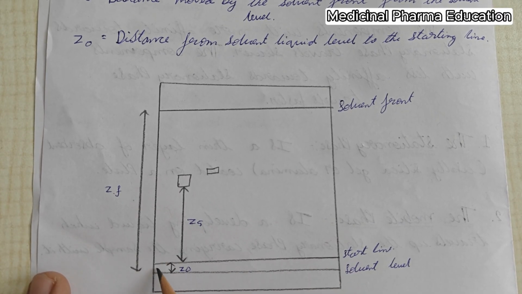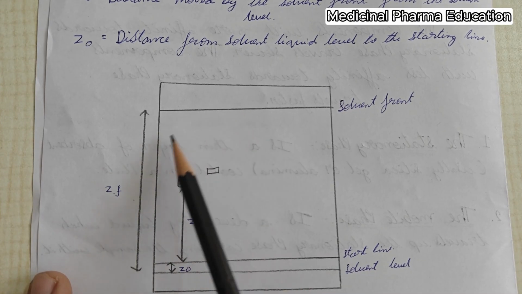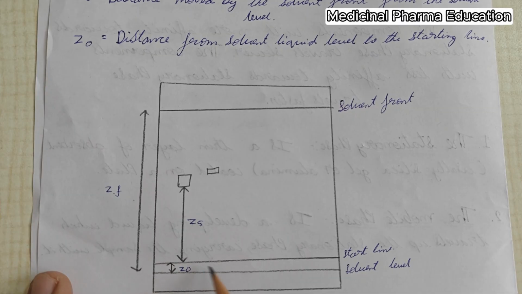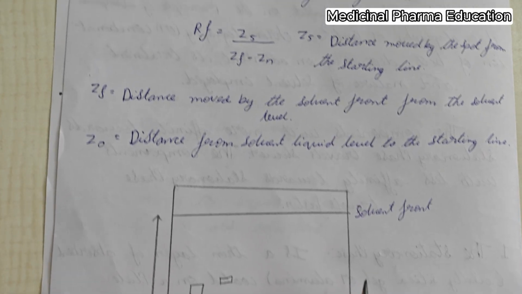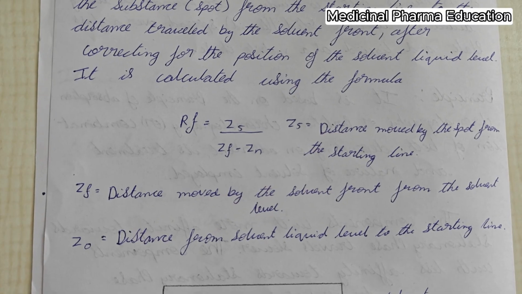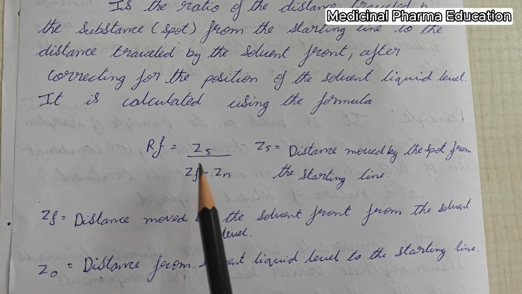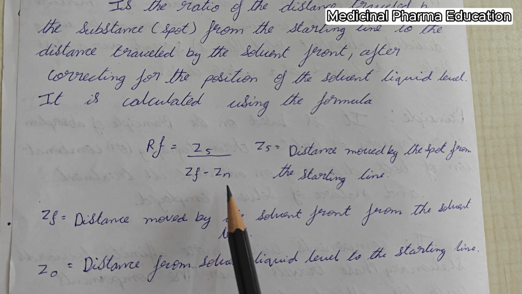From the solvent level to the solvent front is Zf, and from the starting line to the marked spot is Zs. The distance between the starting line and the solvent level is Z0.